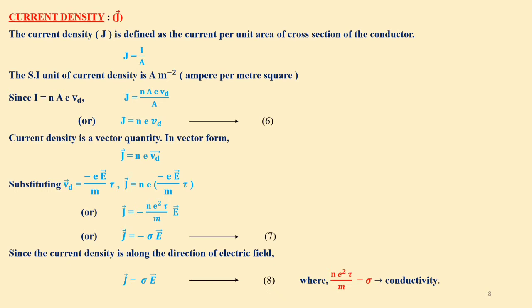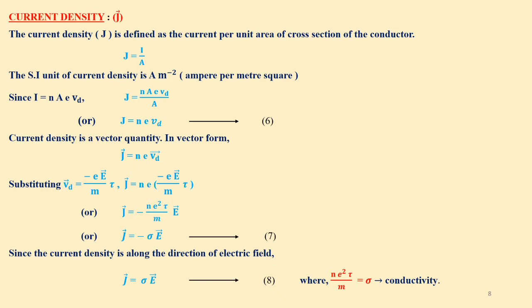But already we know that Vd vector is given by the expression minus eE by m into tau. Substituting Vd is equal to minus capital E by m into tau, therefore, J vector is equal to n e into minus eE by m into tau, or J vector is equal to minus n e square tau by m into capital E vector, or J vector is equal to minus of sigma into E vector.